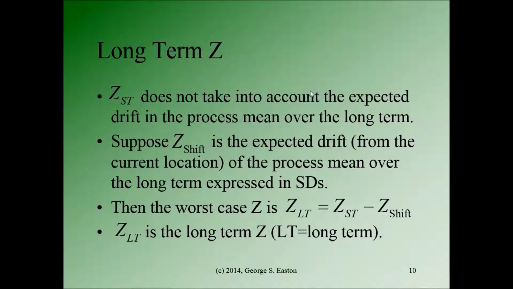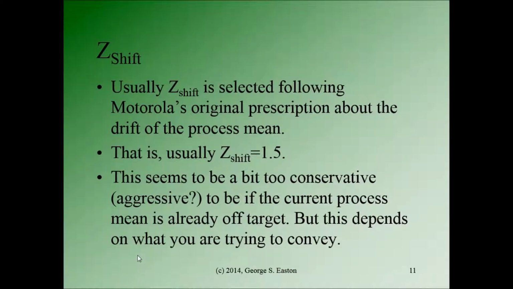Then after we take into account this Z shift for the longer term, we end up with a worst case situation where the Z in the longer term is going to be the Z in the short term minus the Z shift. And so now here Z sub LT is the long term Z, and it's simply the short term Z sub ST minus the anticipated Z shift.